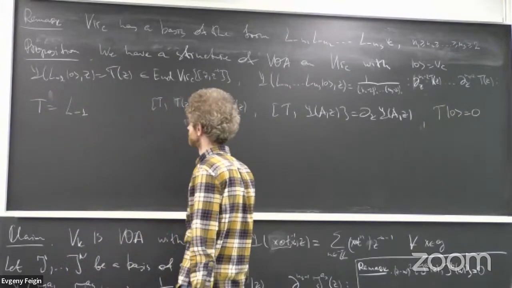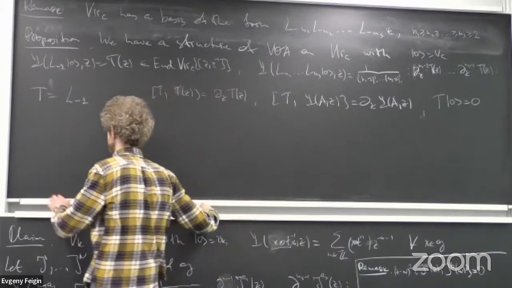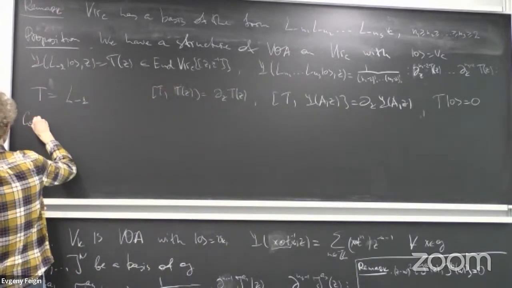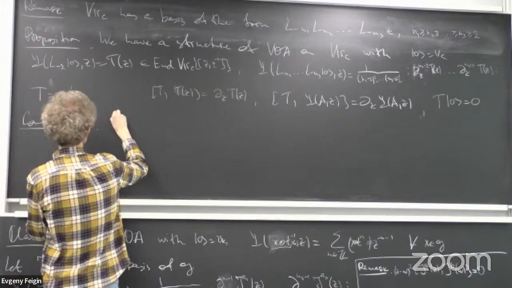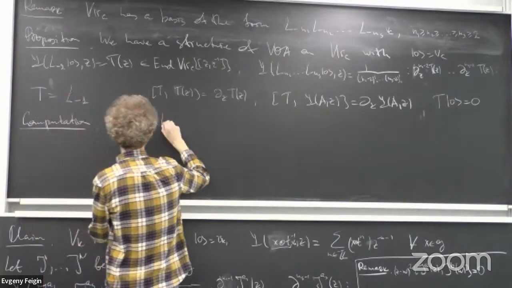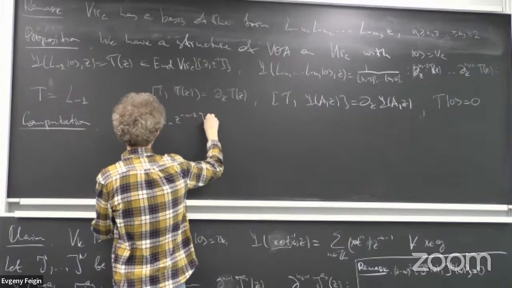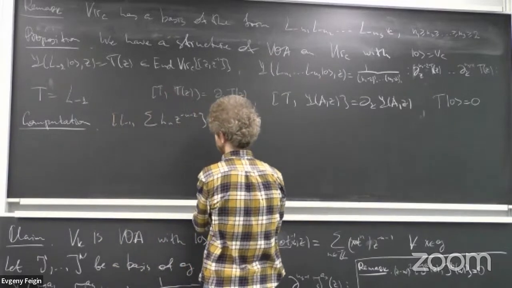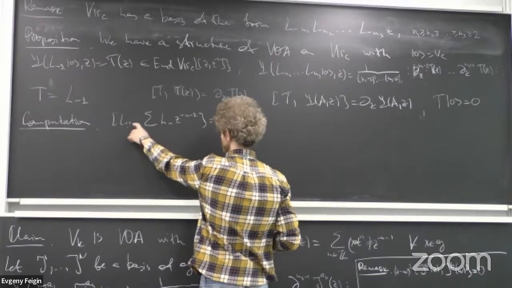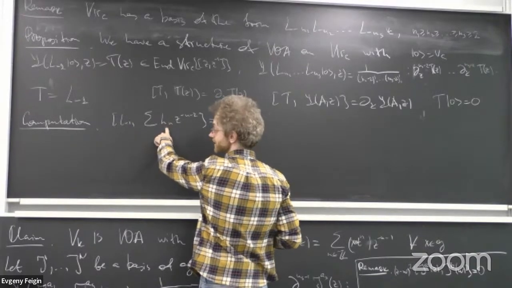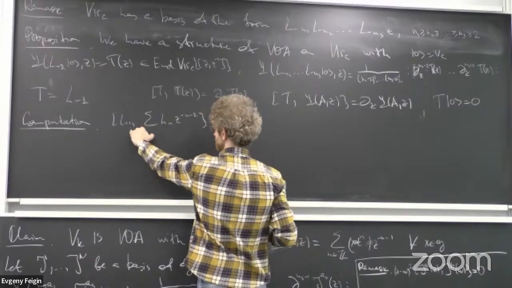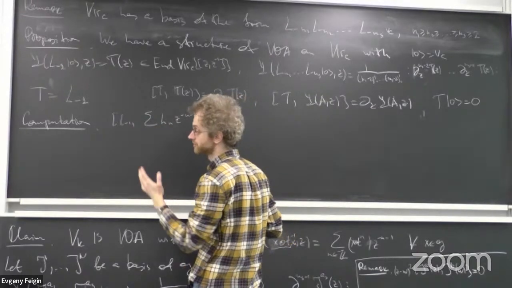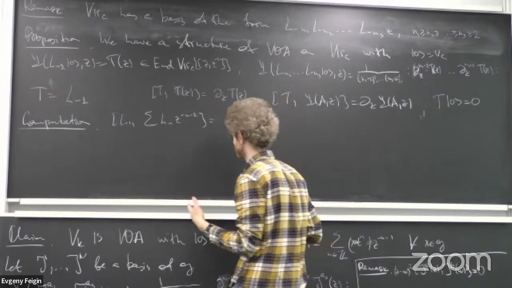Since this turned out to be a problem, let us make a computation. We can compute L minus 1 as the sum of L n z to the minus n minus 2. So what is that? Well, L minus 1 does not have the central part in the commutator with anything, because the commutator of L minus 1 with L1 gives n cubed minus n, where n is 1, so it vanishes.